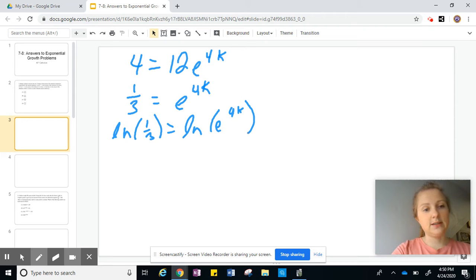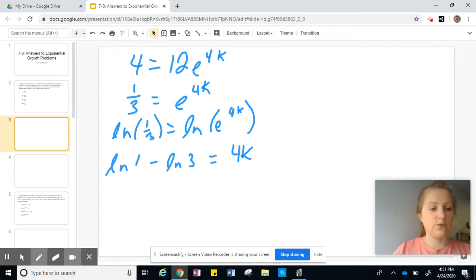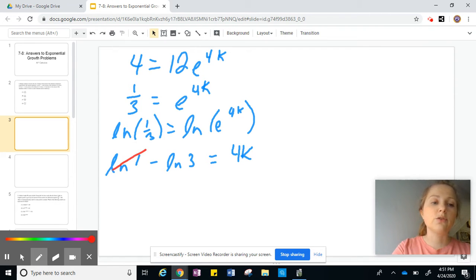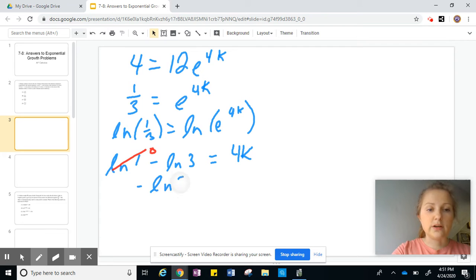So when we do that on this left-hand side over here, I want to rewrite this so we don't have a fraction inside the natural log. So we'll expand it like this. So something nice happens over here. So we have natural log of 1 minus natural log of 3. Natural log of 1 is just 0, so that goes away. So now we're just left with negative natural log of 3 equals 4 times k.